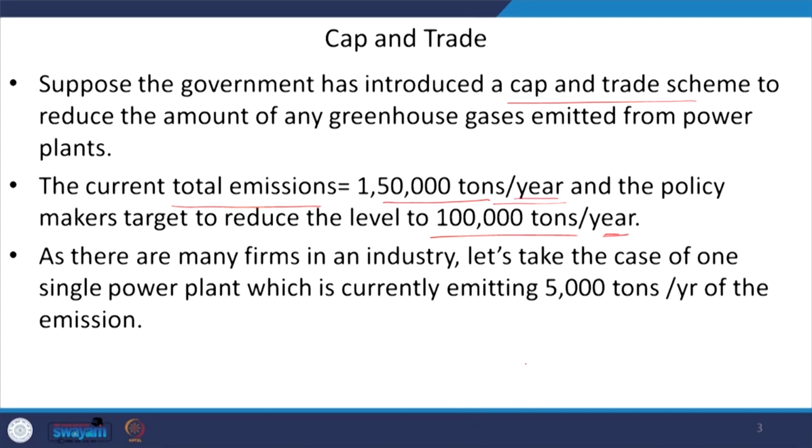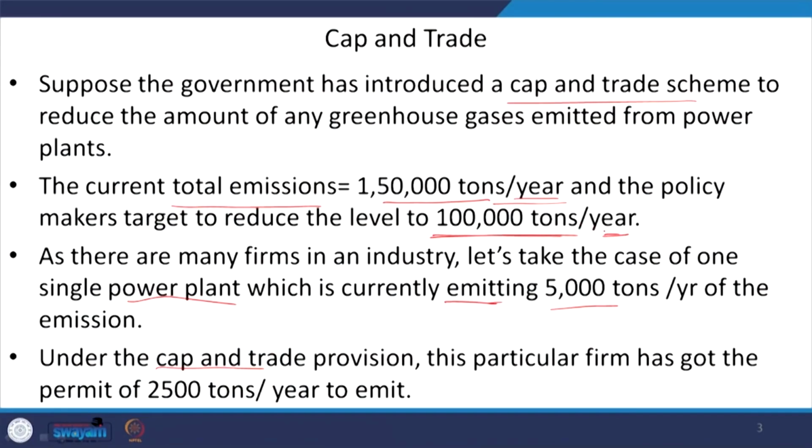Obviously in these emissions there will be lots of firms in this power plant industry. We can take one single power plant, which is currently emitting 5,000 tons of greenhouse gas emissions per year. Under this cap and trade, in total the government needs to reduce the emission level from 1,50,000 to 1,00,000 tons per year.